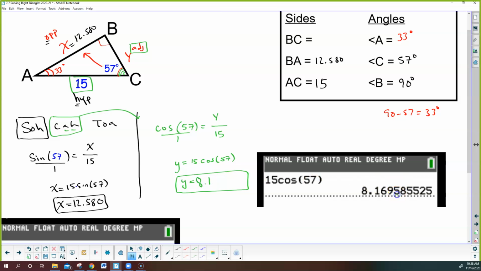Ooh, this is an interesting round. So I'm looking at the third decimal, which is a 9, but the 5 is going to round this up to a 10. So that's 1. So 0 and then put a 1. So I actually get 8.170.